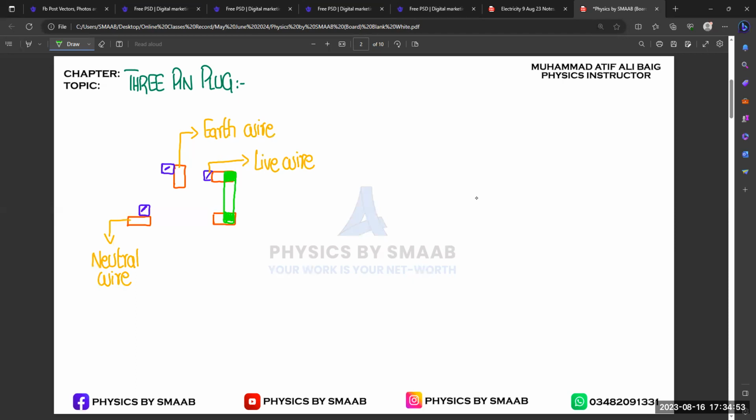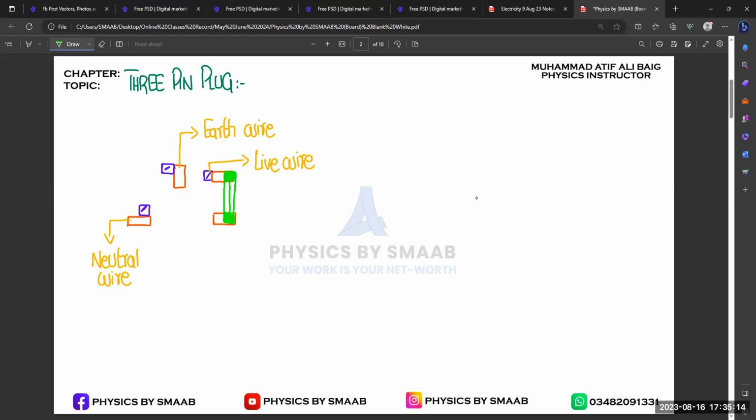Actually, this fuse completes your circuit with the third terminal. What is the purpose? Why don't we connect the live wire directly with the third pin? Why are we using a fuse? These are all questions that we need to discuss in this topic, right?